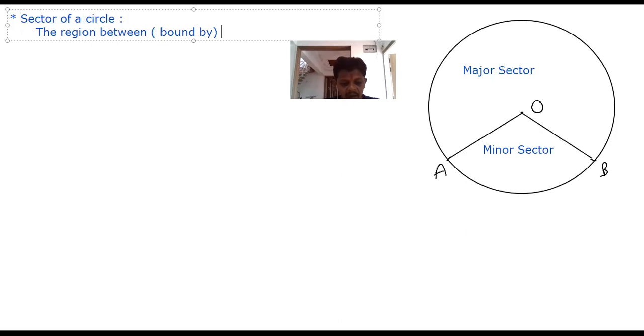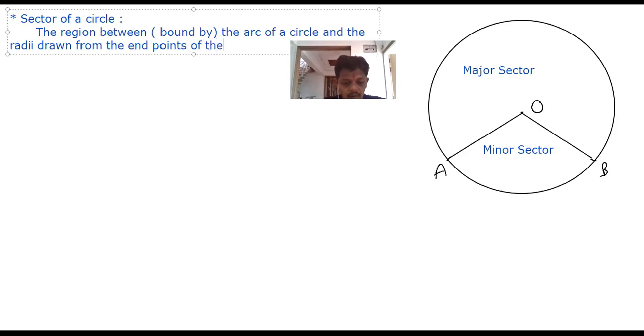So the region bound by the arc of a circle and the radii drawn from the endpoints of the arc. So if AB is the arc, A and B are the endpoints, and radii from A and B are AO and BO. So the region between the arc of a circle and radii from the endpoints of the arc is called a sector of the circle.